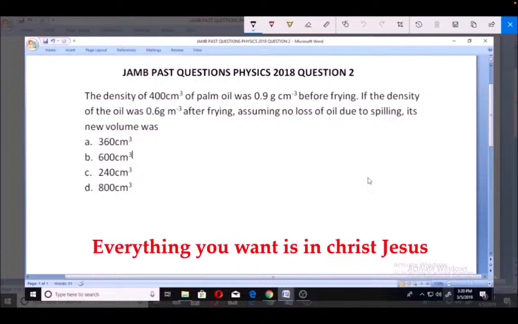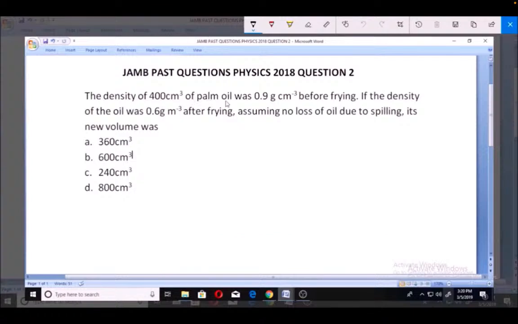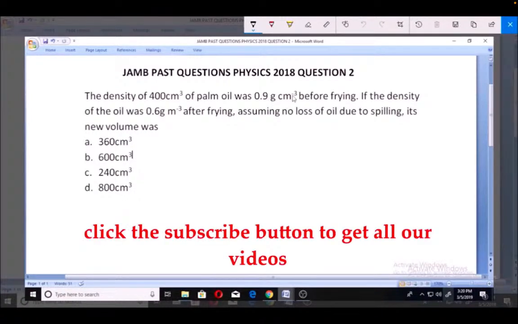Question number 2. The density of 400 cm cubed of palm oil was 0.9 gram per cm cubed before frying.